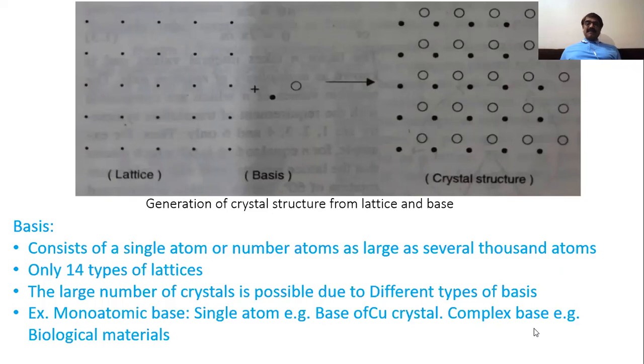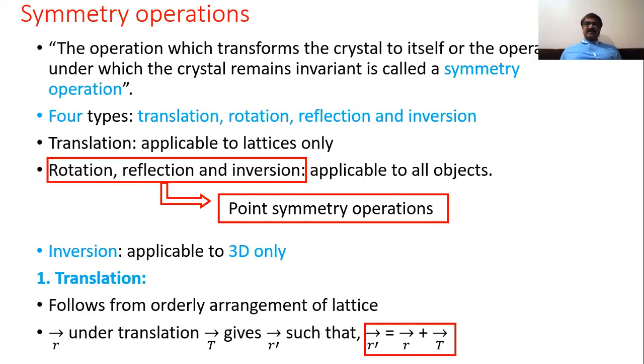And complex bases consisting of several thousand atoms occur in biological material. So a huge number of crystals are possible simply because of the variety of different types of bases. There are only 14 types of lattices, but since there are huge number of bases, a great number of crystal structures are possible.